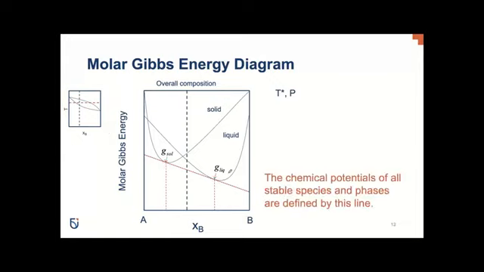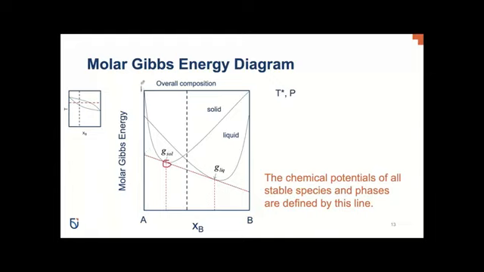But one very important concept worth noting here is that one can extract a lot of useful information from this tangent line, and that being that the chemical potentials of all species and phases that are predicted to be stable are effectively defined by this line. So that means that the chemical potential of the solid solution phase is represented by this point here.